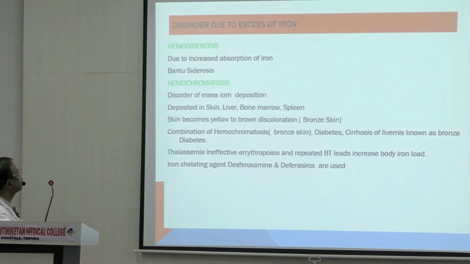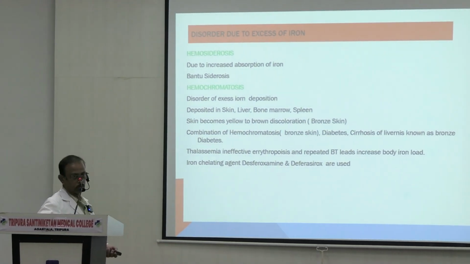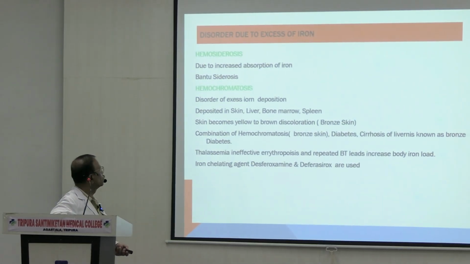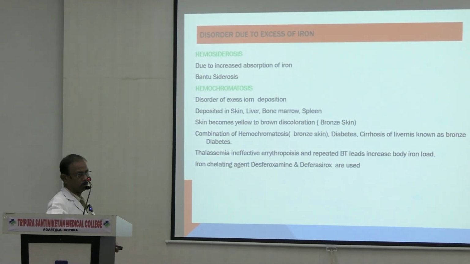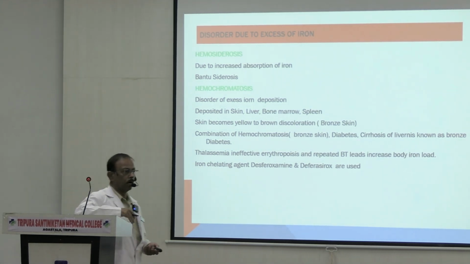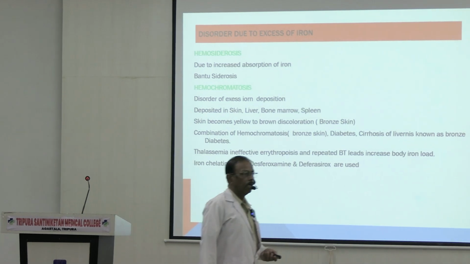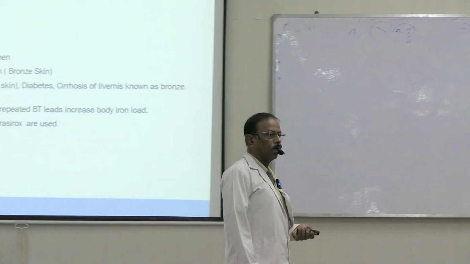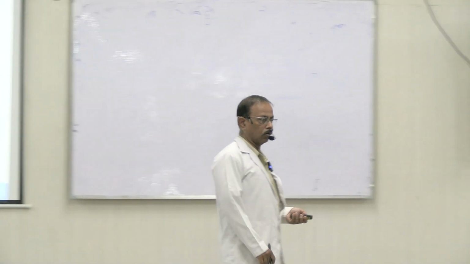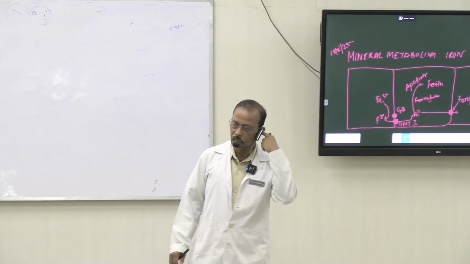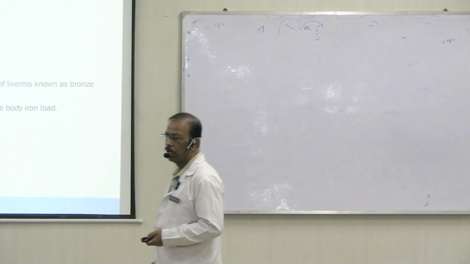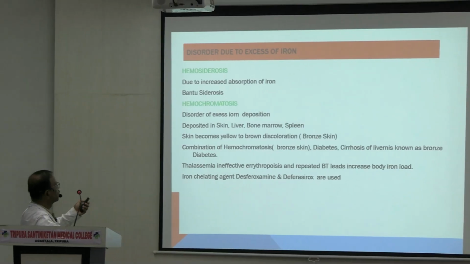Now, disorders due to excess of iron. One is hemosiderosis. This is due to increased absorption of iron, commonly found in Bantu siderosis. The Bantu tribes of South Africa used to have this type of iron overload disease. It is associated with increased absorption as well as increased storage.